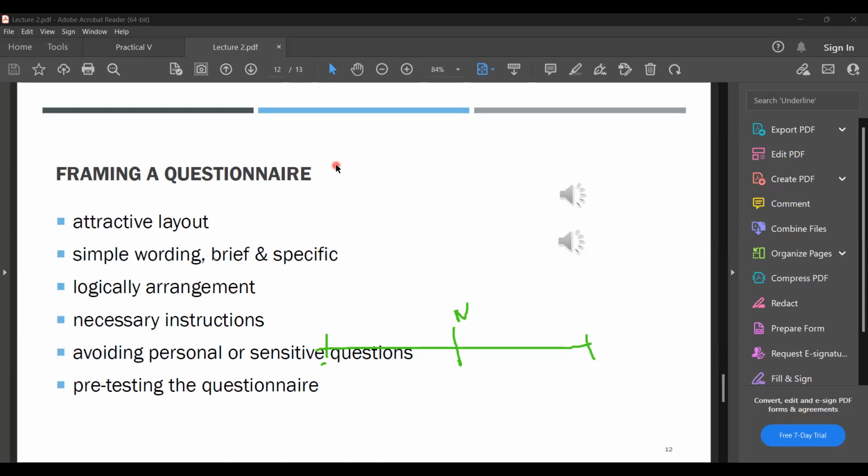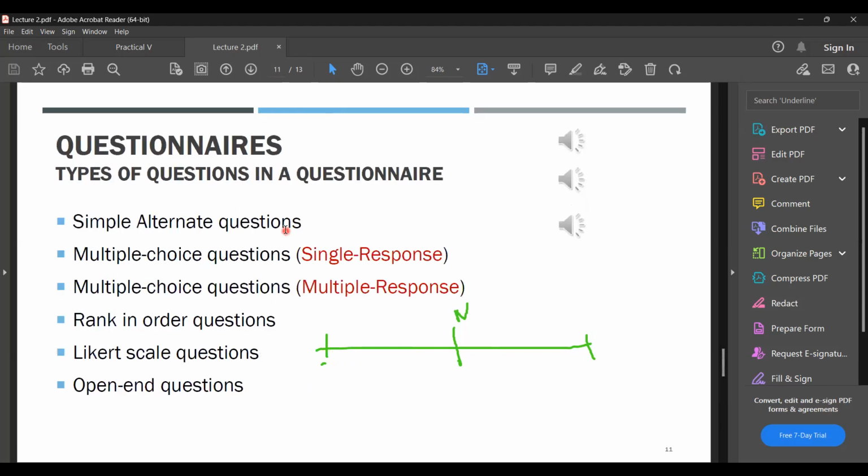Also, you can tell them that after the research you will inform the results of your study to the respondents. Those things can be done to increase the respondent rate. However, if you are designing a questionnaire, you have to think about these things. Okay, so that's about framing a questionnaire.